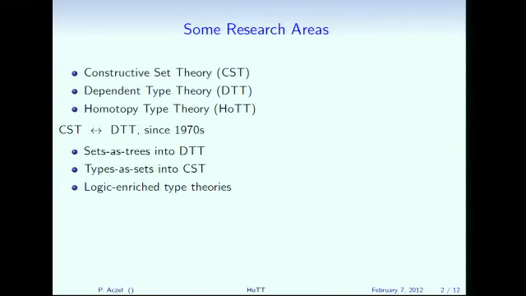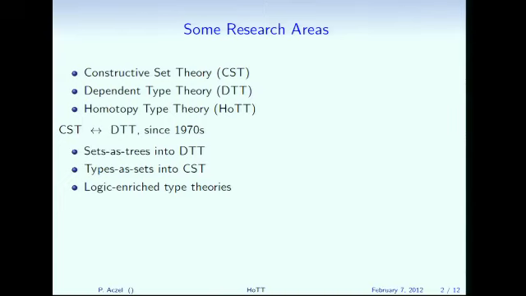In some sense, constructive set theory and dependent type theory are very closely interrelated. There's an interpretation of sets as trees of constructive set theory into dependent type theory, which was obtained in the 1970s. And there is a very straightforward types as sets interpretation of type theory into set theory.